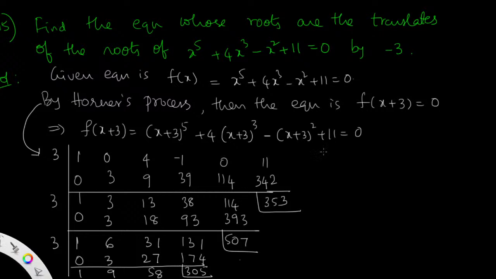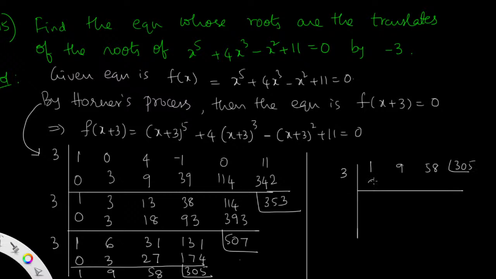And afterwards you can take again 3. The coefficients are 1, 9, 58, 305, and keep it as 0. Then adding: 1, 3, that is 3 plus 9 is 12, and then 12 means 36.